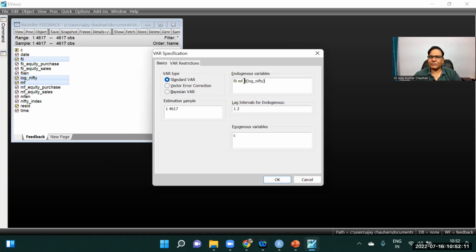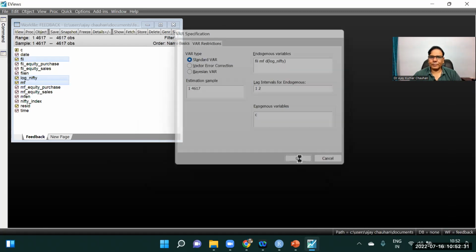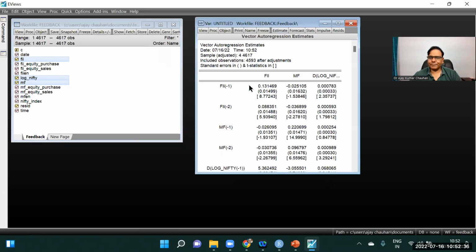So we have to take the transformed variable. And FII and mutual fund I'm taking as they are because they are stationary. Although ARDL is a better model here, let's see what result we get in VAR. Mutual fund, FII, D log Nifty, all are stationary. Click OK. Now we are having the result.